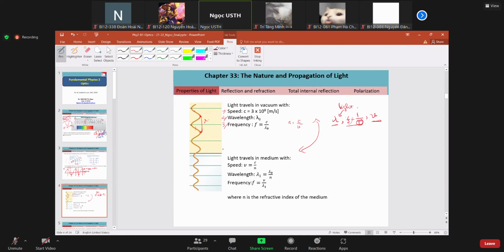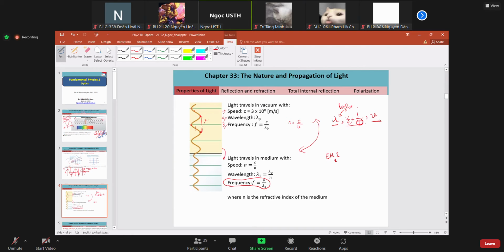And when it moves from the first medium to the second one, keep in mind that frequency doesn't change. Someone asked me the reasons why. In fact, you have to move to EM. I hope Dr. Hung will explain it in EM1.